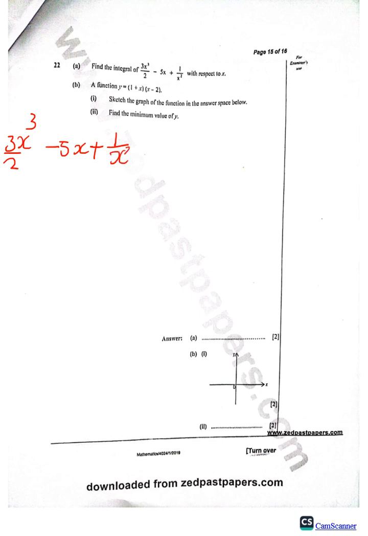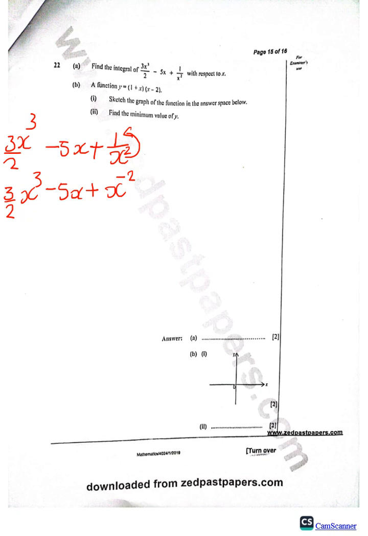So you cannot differentiate a problem when x is on the denominator, so we are going to move our x to the top, giving us 3 over 2 x raised to the power 3 minus 5x plus, if we move x squared to the top, we are going to get negative 2. The power changes from positive to negative.